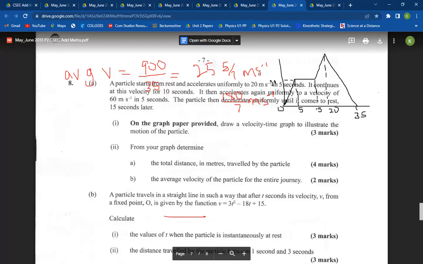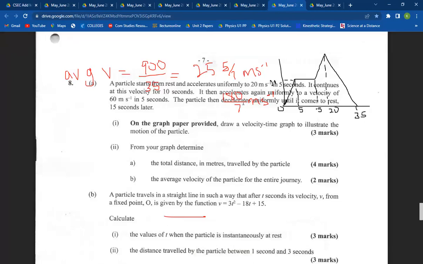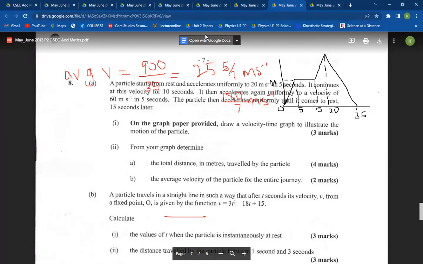So if you want to put it to 3 significant figures, go ahead, but make sure you put this, because this is the exact value. Okay.